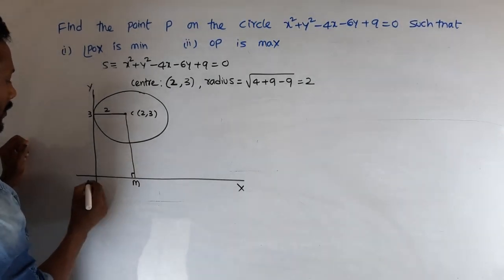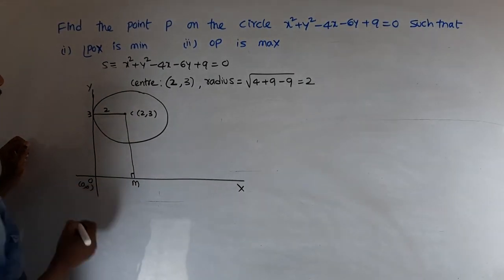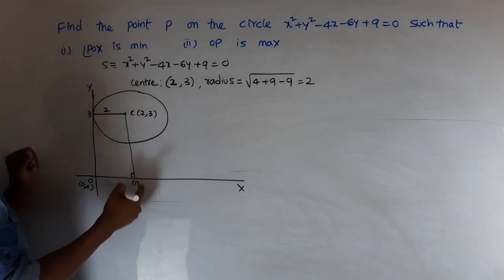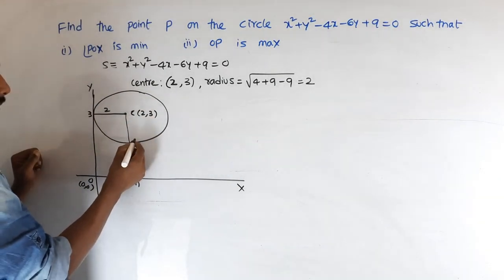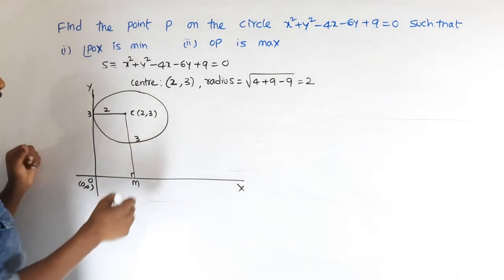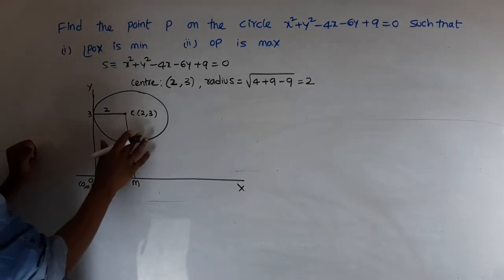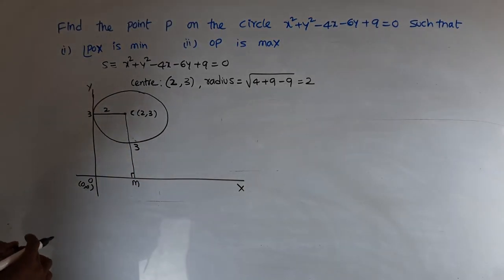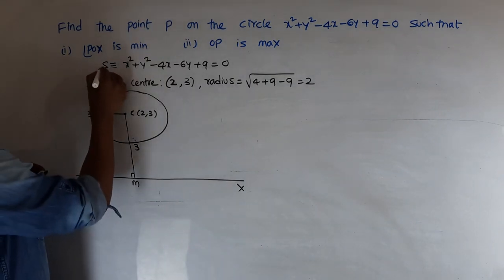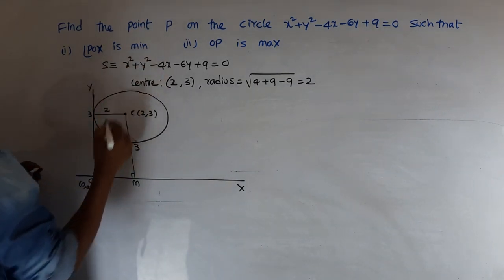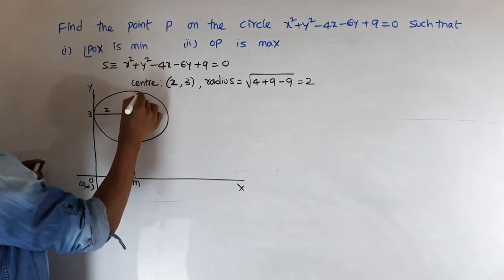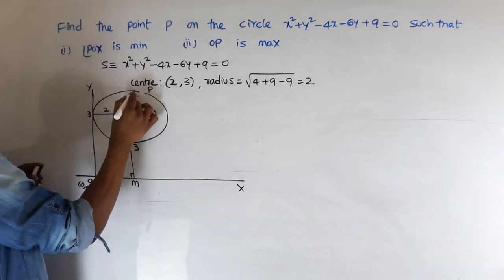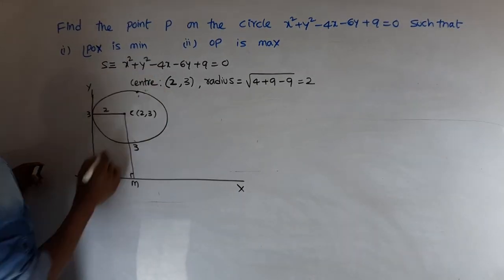Now this is the point M, and point O is the origin 0, 0. So the length of CM is 3. Now the question is OP is maximum. OP is the maximum length, and this is point P. First join OP.